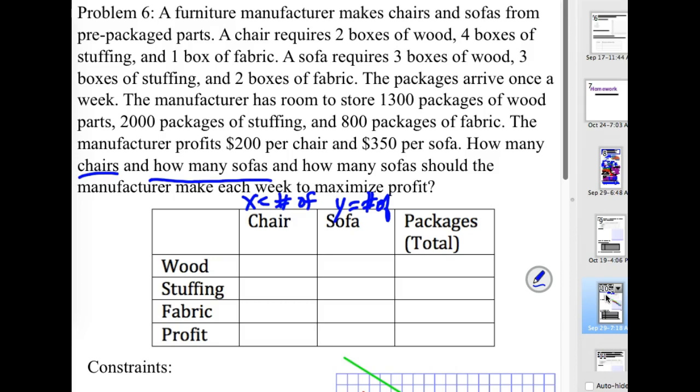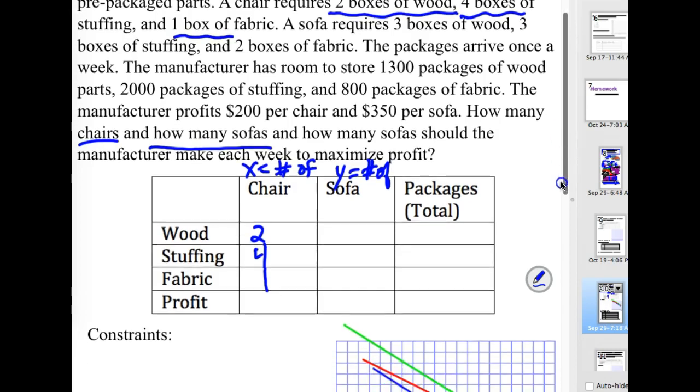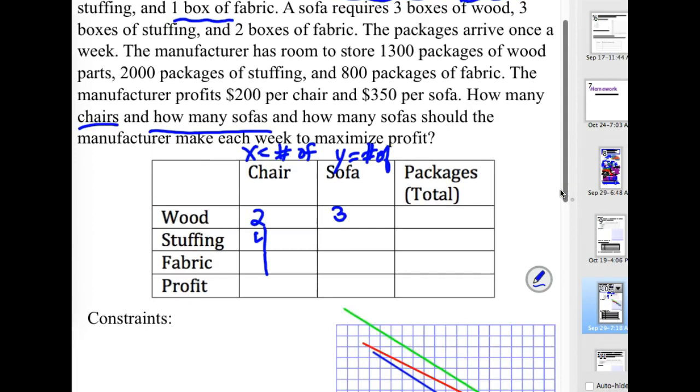What do we know about the chair? It takes 2 boxes of wood, 4 boxes of stuffing, and 1 box of fabric. Okay. What about the sofa? What are my numbers? 3. Okay, 3, 3, and 2. All right. How much room do we have available?